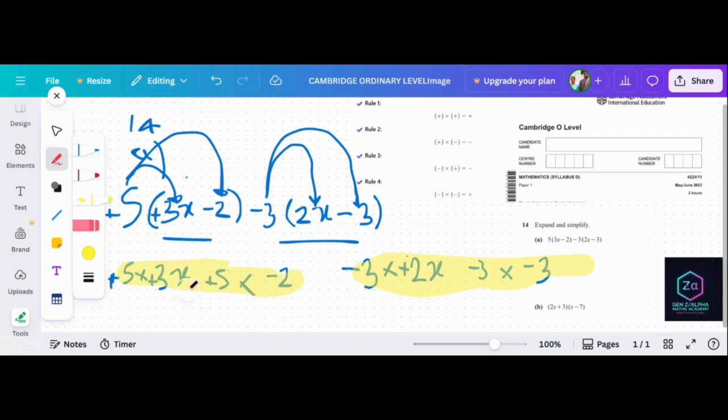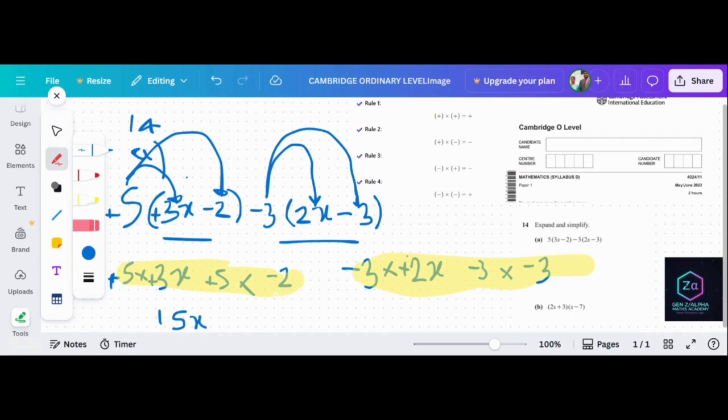So 5 into 3 means 15, and the variable remains the same, so 15x. Here, 5 into 2, the sign convention: plus 5 into minus 2.